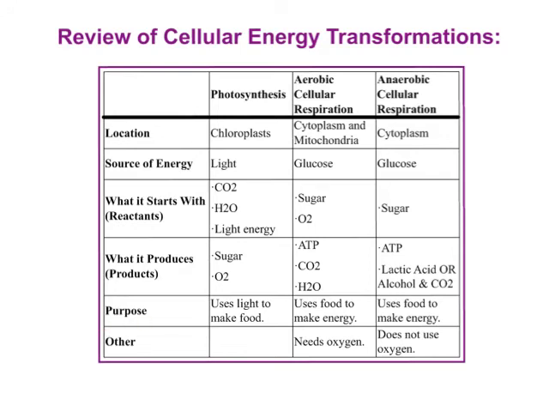The purpose of each of these processes. Photosynthesis, its purpose is to use light to make food. And both cellular respiration types are using food to make energy. Other interesting facts. Obviously, aerobic cellular respiration needs oxygen, and anaerobic cellular respiration does not use oxygen.